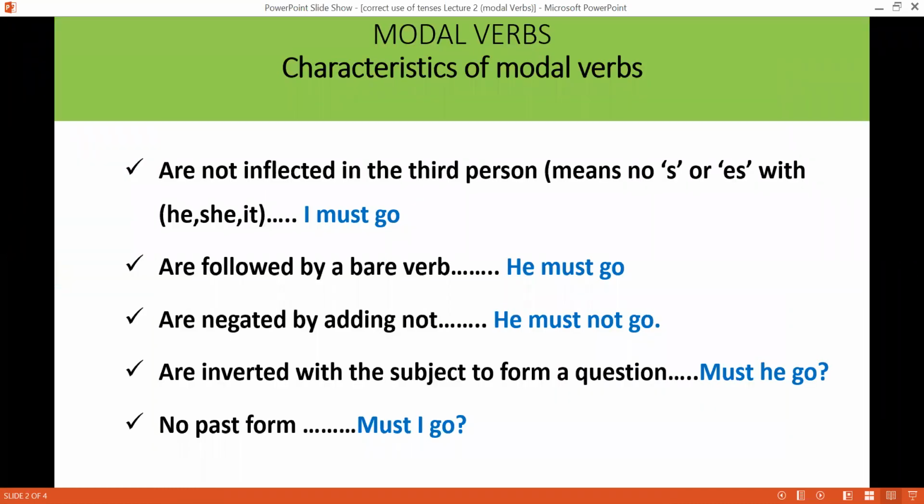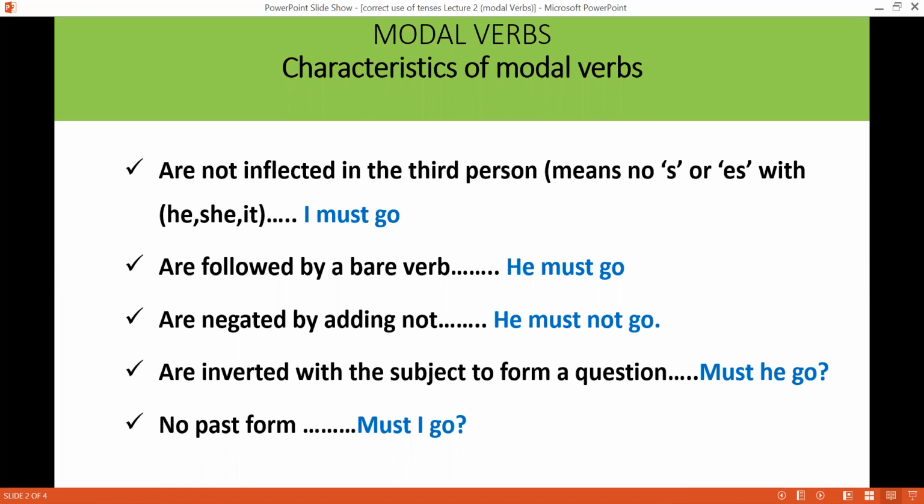Now, with the screen before you, with modal verbs, we do not inflect the third person. Means, in the present indefinite tense, we use s or es with the third person pronouns he, she, it.